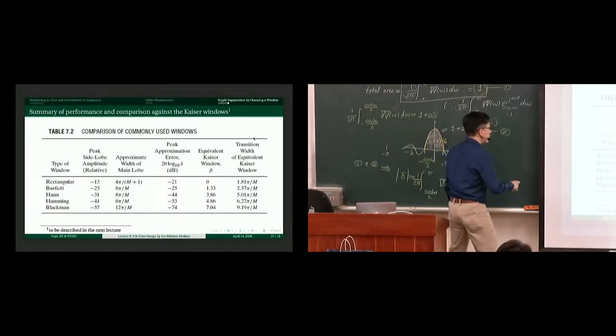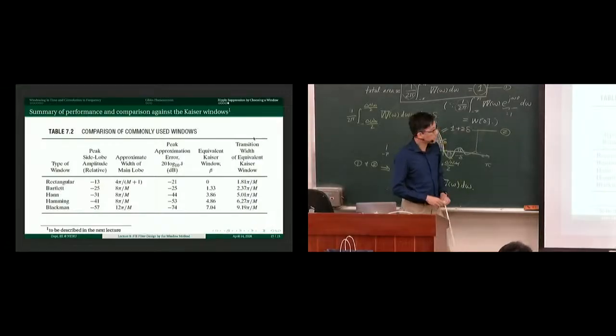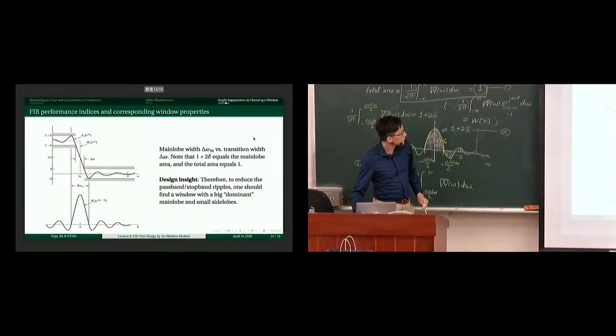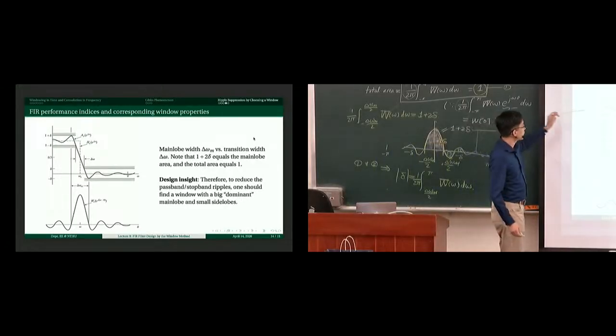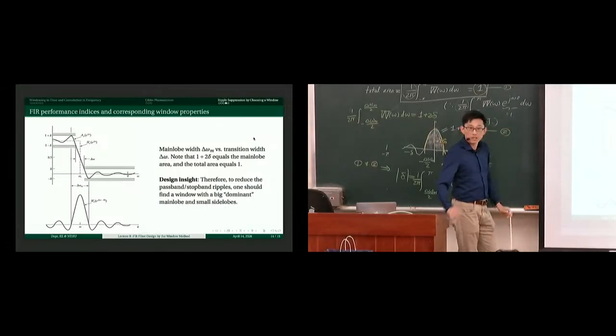That means that when we design a filter, this ripple is really small, and the passband gain is almost a constant.